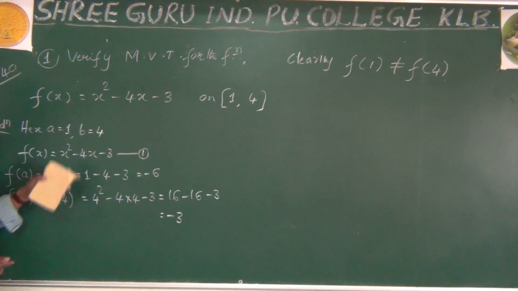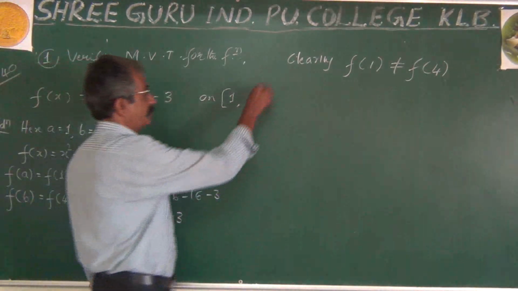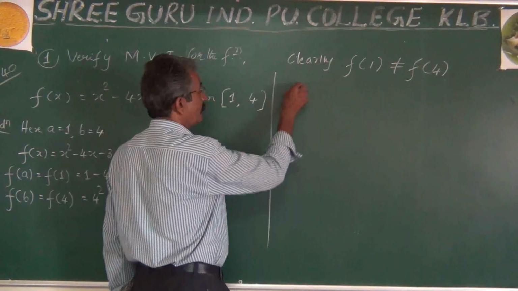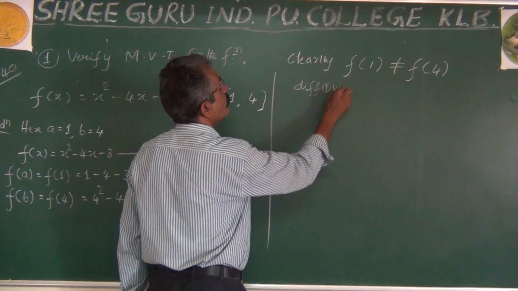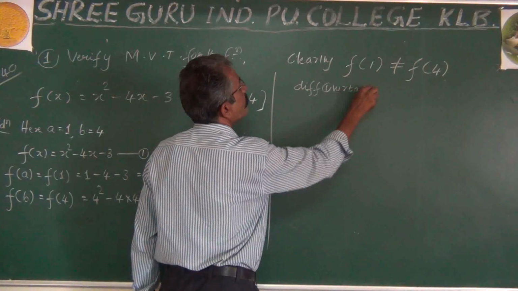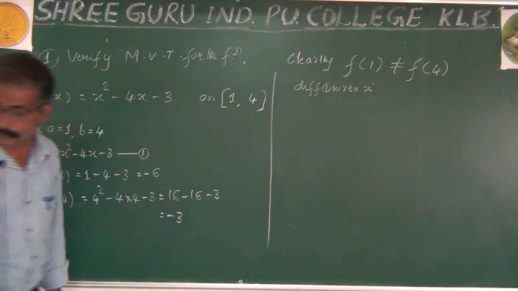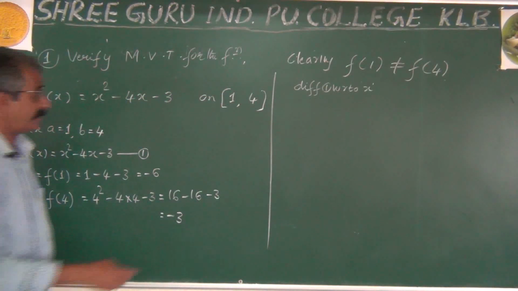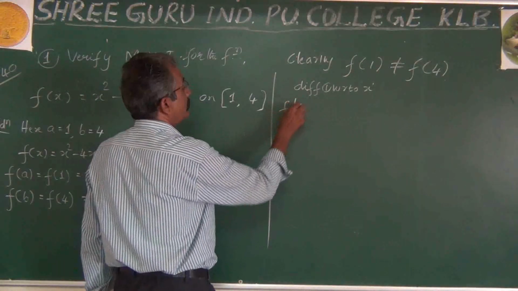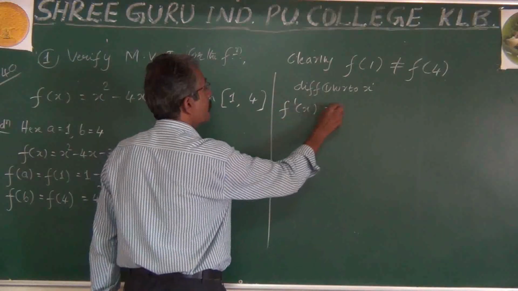Now let's differentiate. Next step, differentiating with respect to x, f dash x, right hand side 2x minus 4.